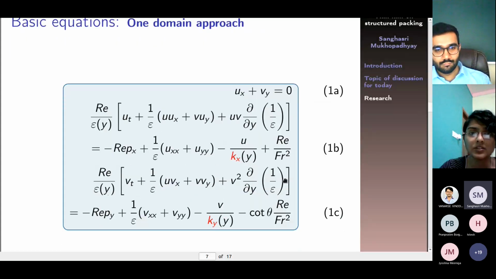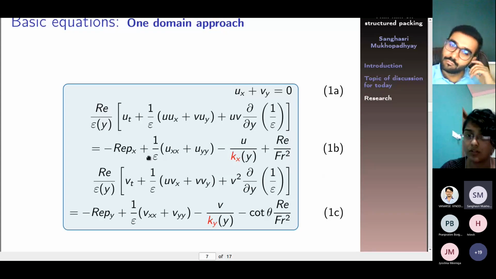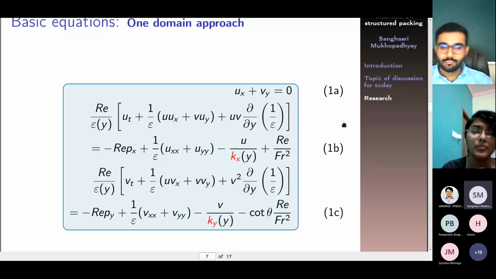So this is the set of modified Navier-Stokes equations that I was talking about, which is applicable in both the porous and the liquid layer. We have the mass balance equation here, and the modified momentum balance equation, which includes the Brinkman term and the Darcy term.